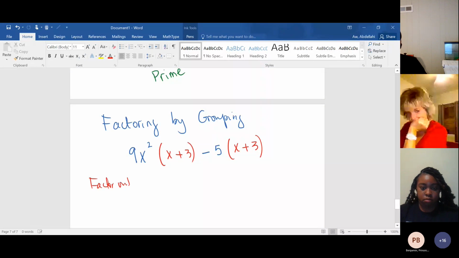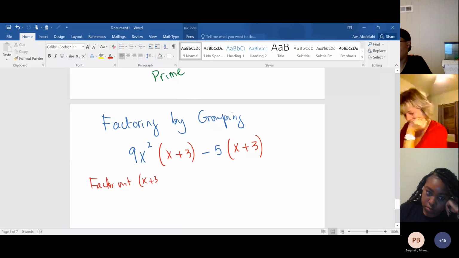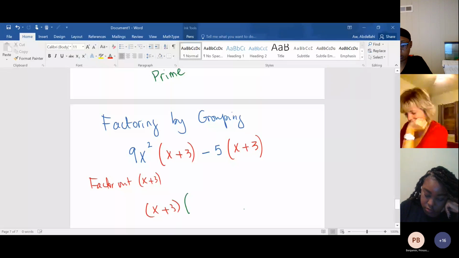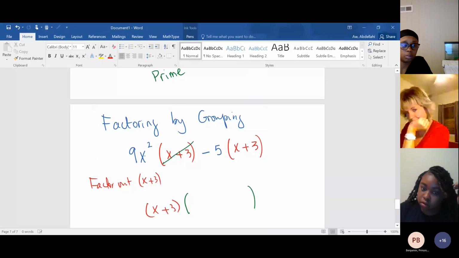The process is going to be the same. You're going to open the parentheses right here. And if you want to know what remains, you just cross out the x plus 3s. When you cross x plus 3 out, what remains? 9x squared minus 5. Exactly, the 9x squared.